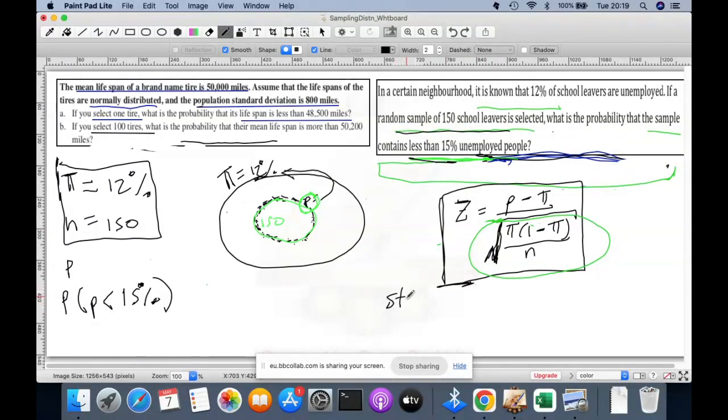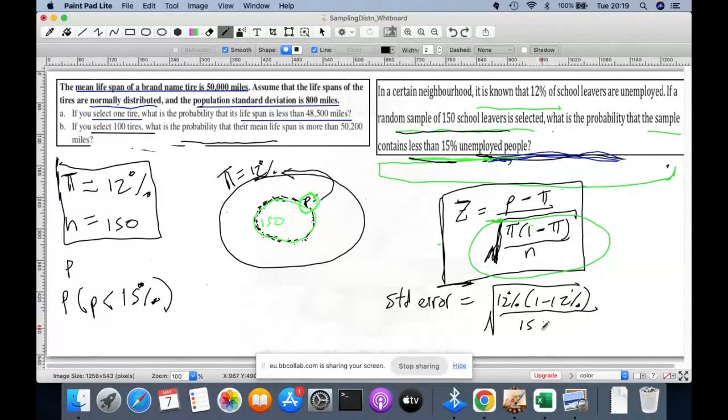I only want the denominator because that's your standard error. So I'm going to write standard error is equal to the square root. I'm only working at the denominator, and your pi is 12%, times 1 minus 12%, all divided by n, and n is 150.